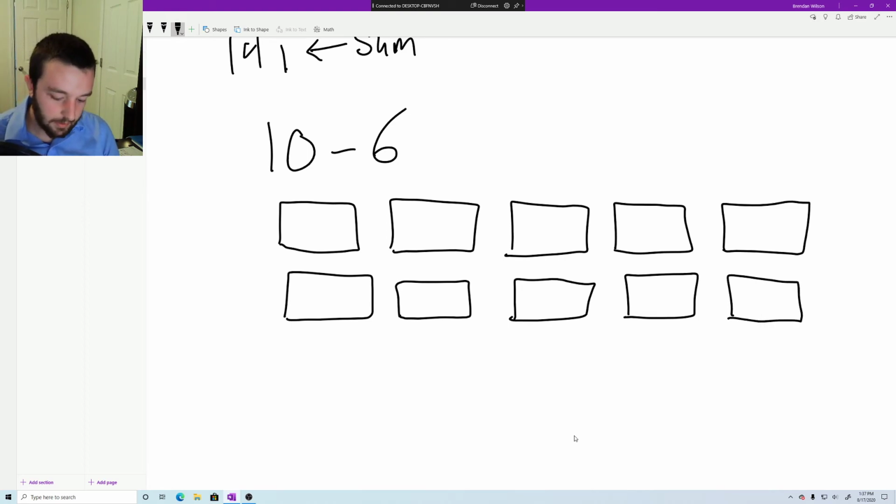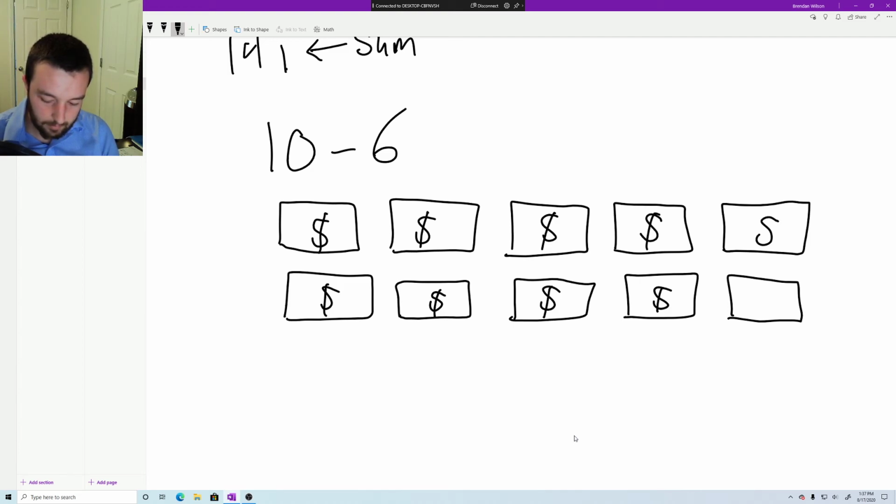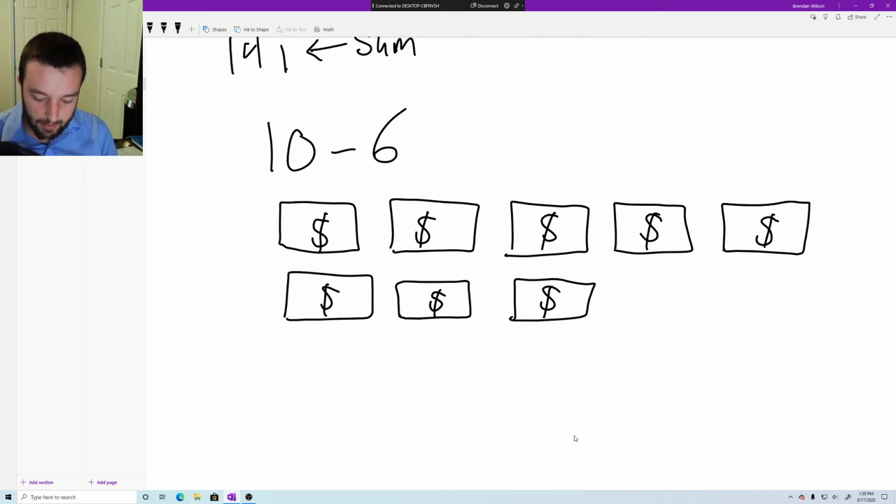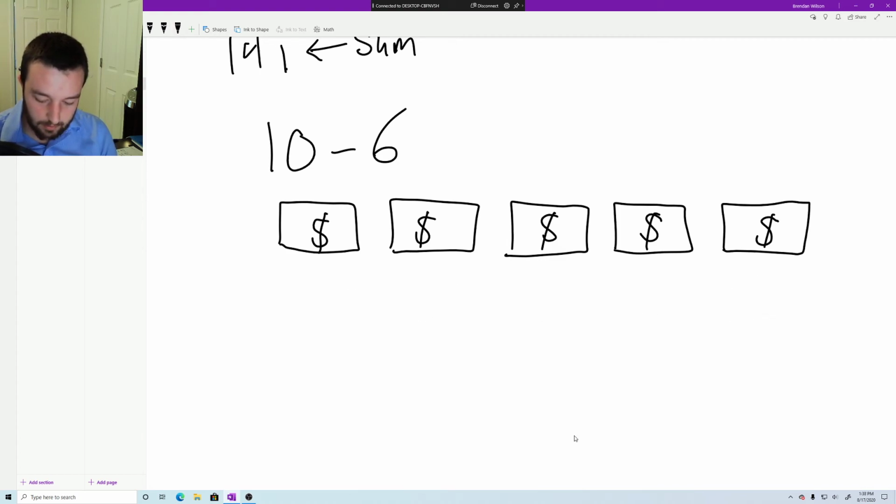So here's $10, some dollar signs on there. Now we spend 6 of them. So we get rid of these 5 and then one more to make 6. Now, how much is left over? Well, $4. So 10 minus 6 is 4.